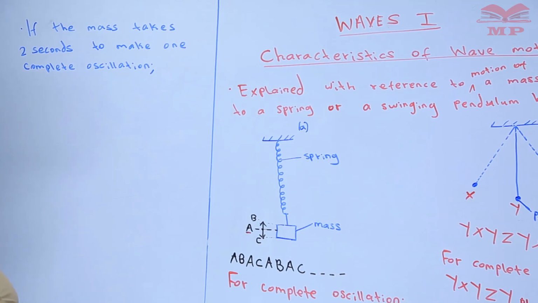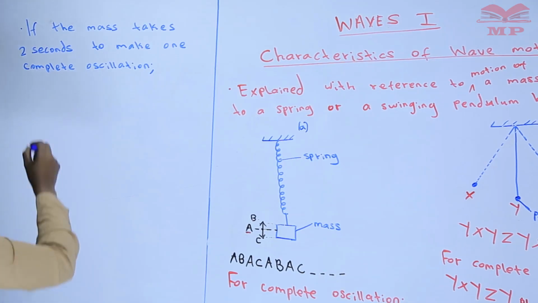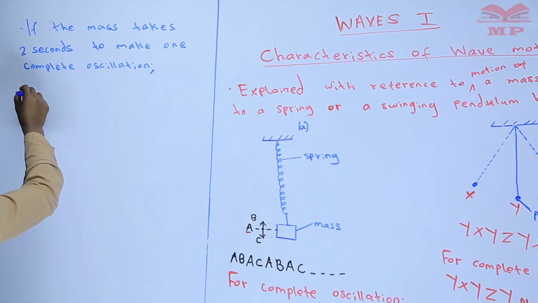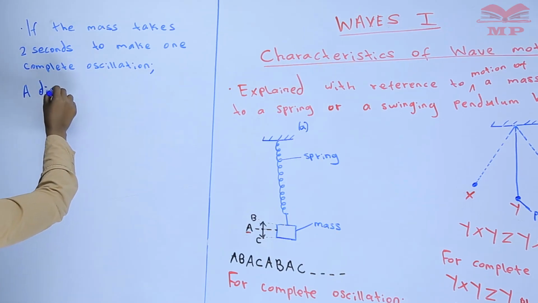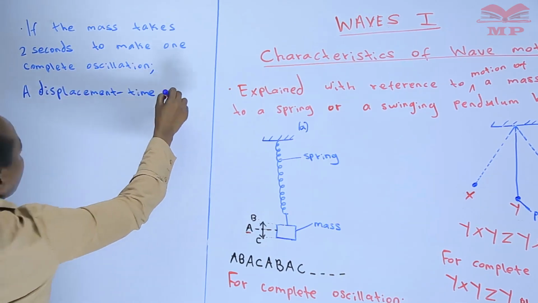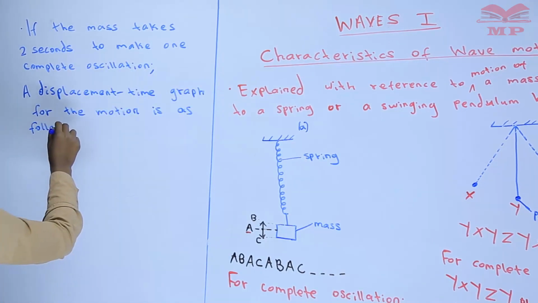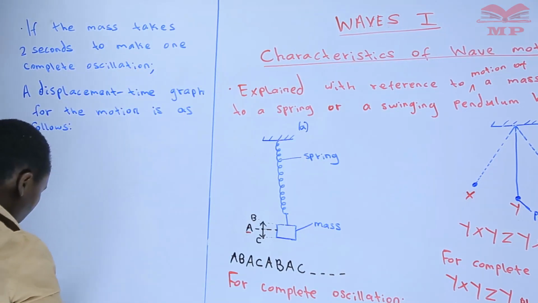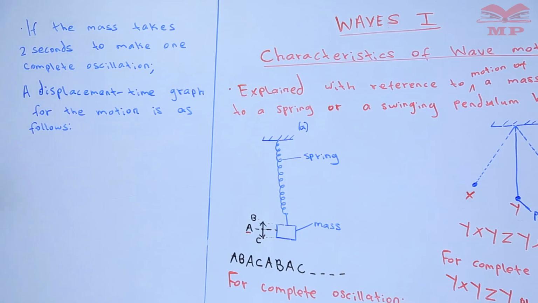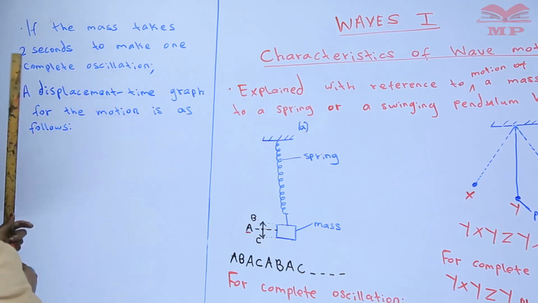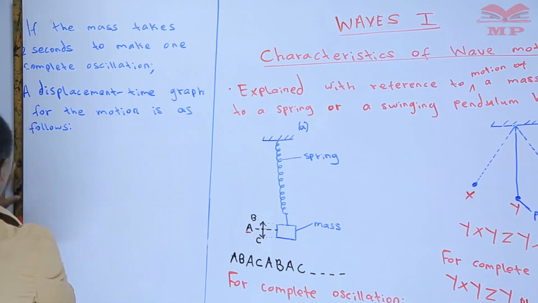a displacement time graph for the wave. So we have the displacement time graph for the motion. We will draw a simple sketch for how the motion will be like. So it is a displacement time graph.